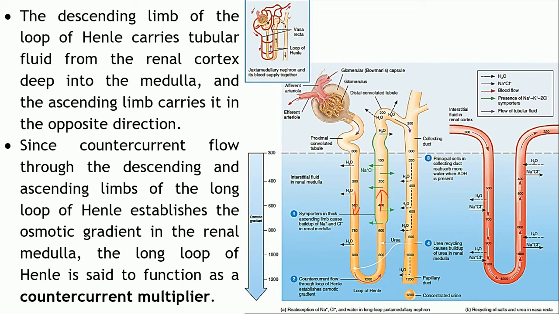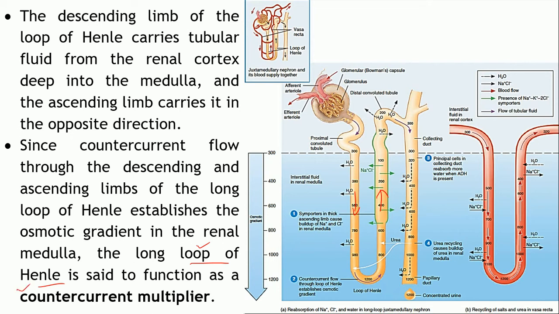So since this countercurrent flow is helping in establishing this osmotic gradient in the renal medulla, the long loop of Henle, where it is happening, that's because of the flow of fluid in the long loop of Henle. That's why these long loops of Henle function as the countercurrent multiplier.